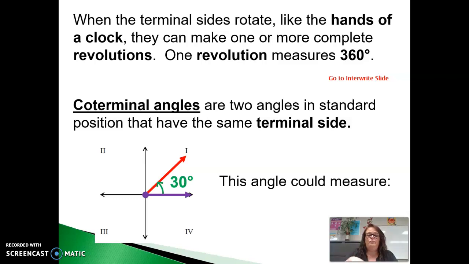But I could go a full revolution and then the 30 degrees, which would put me at 390. I could do 2 revolutions and then 30 degrees, and that would put me at 750. Or I could do a reverse revolution, which means that I would do 30 minus 360, and I would get negative 330. So all of those name coterminal angles, 30, 390, 750, negative 330, they all end at exactly the same place.